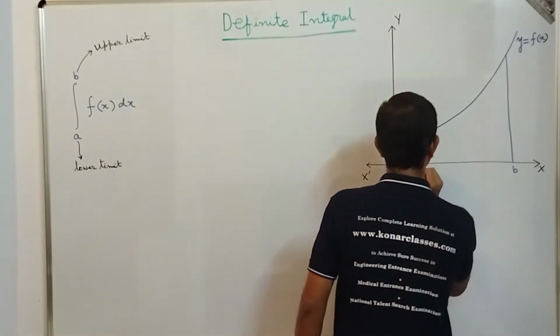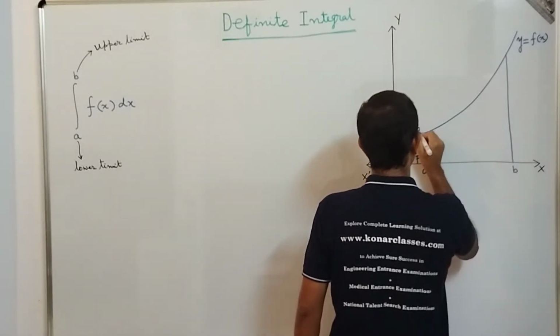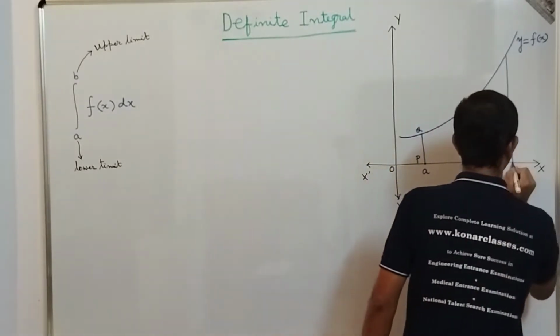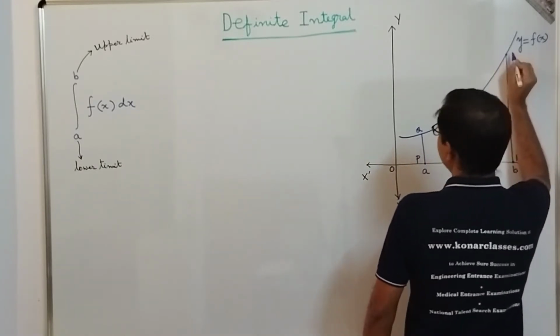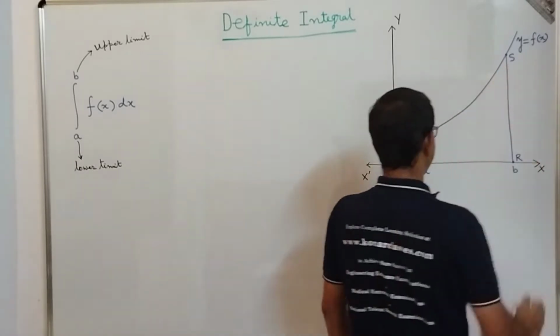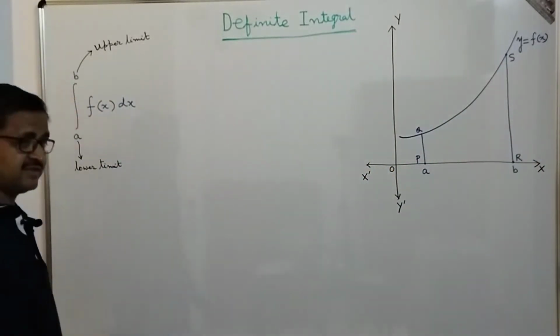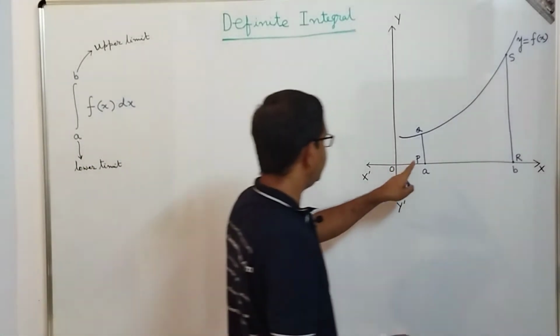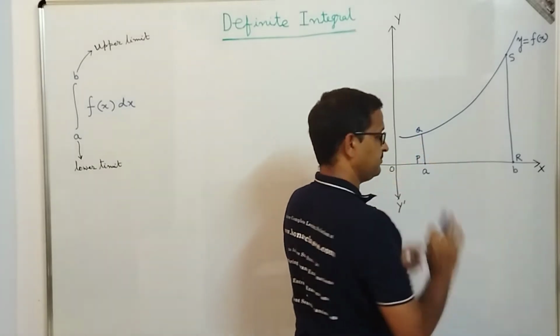If I name this point as point P, this point as point Q, this point as point R, this point as point S, then the integration from a to b of f(x) dx is nothing but the area of the region PRSQP.